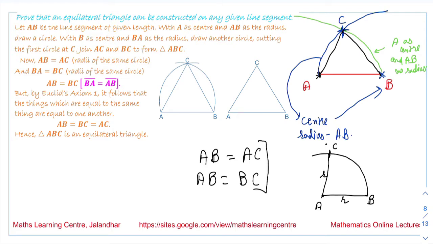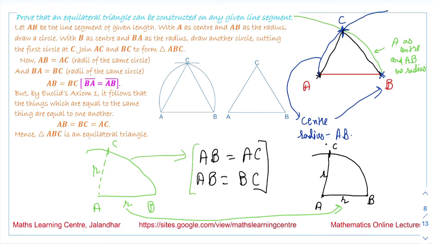Similarly, when we are talking about this line AB and we have drawn the circle like this with radius R, the point C is over here. If I join these 2 points, this is also R. So from these 2 results we get that AB is equal to AC and AB is equal to BC. Now from Euclid's first axiom we have that things which are equal to the same thing are equal to one another.